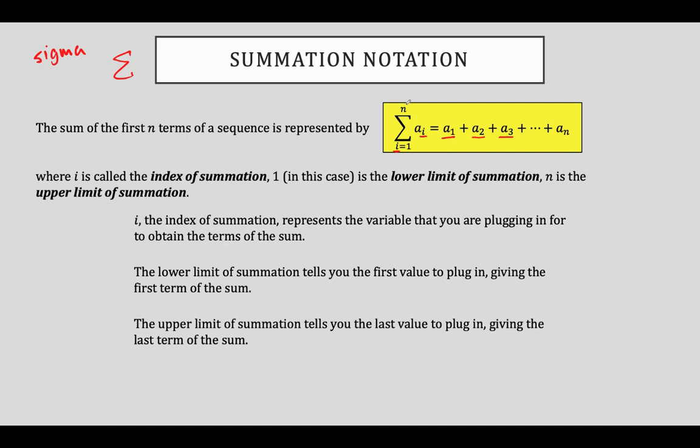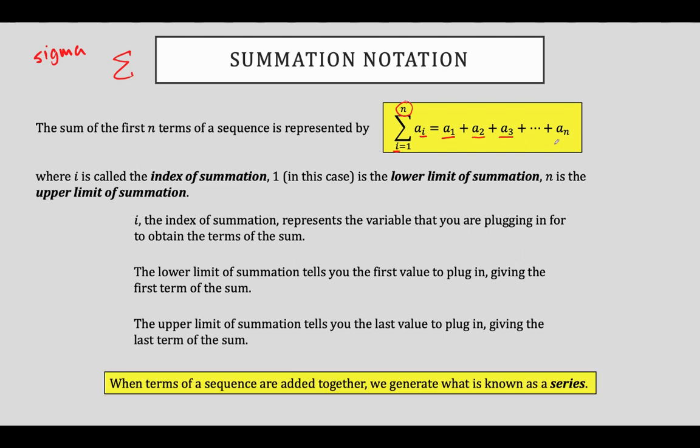I'm going to continue to add terms together until I add the nth term of the sum. That is summation notation. Looks a little intimidating, but at the end of the day, all we are doing is taking the terms of a sequence and adding them together.